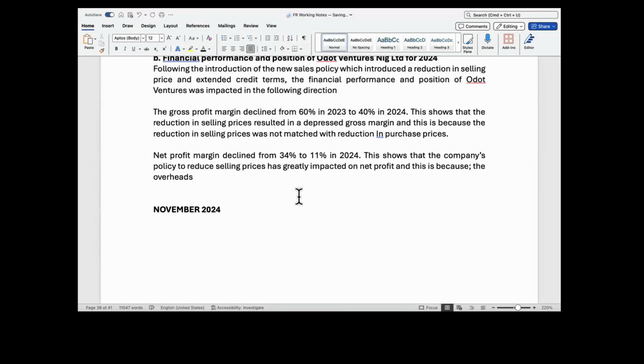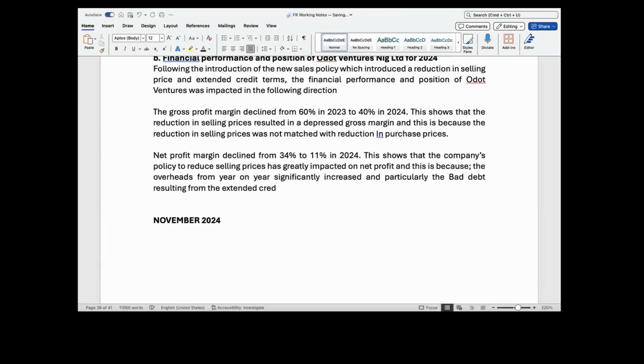And this is because the overheads year on year significantly increased, and particularly the bad debts resulting from the extended credit term.